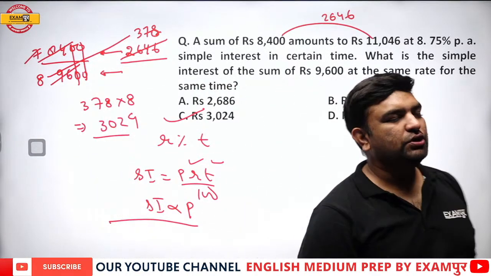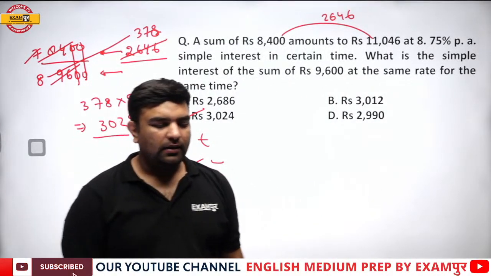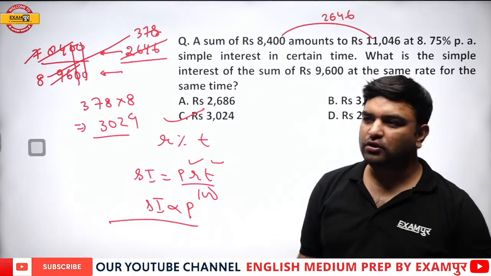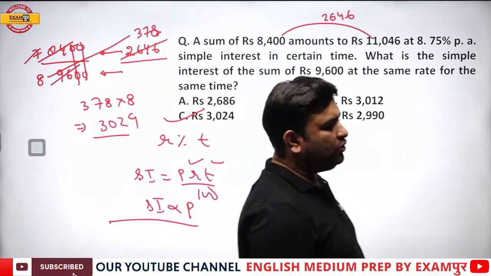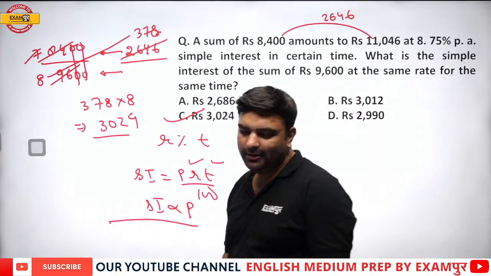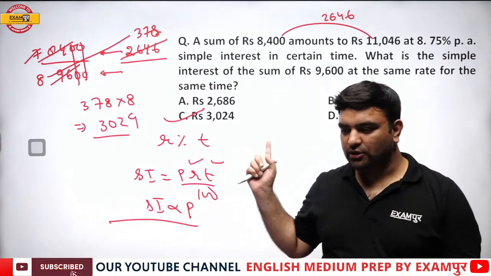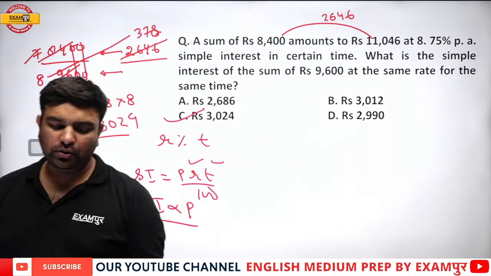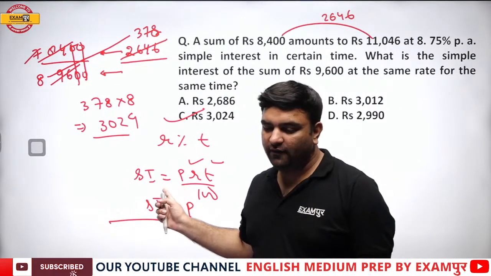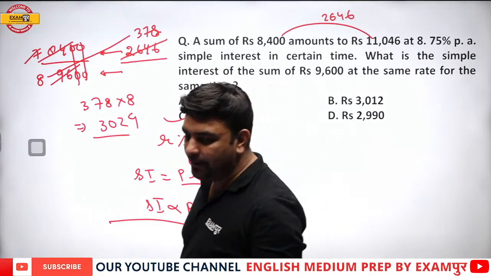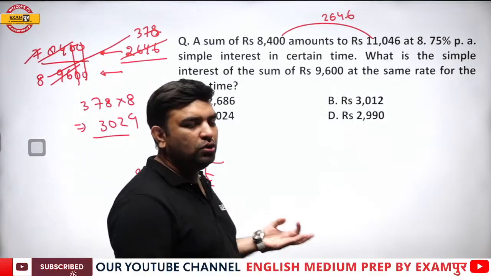I still remember this question was asked in CHSL 2020, and on the very same day I was doing the discussions and I discussed this method. That was back in 2021 or maybe 2020. Some of you would have been in that class as well. I observed that since rate and time are same, SI should be directly proportional to principal.